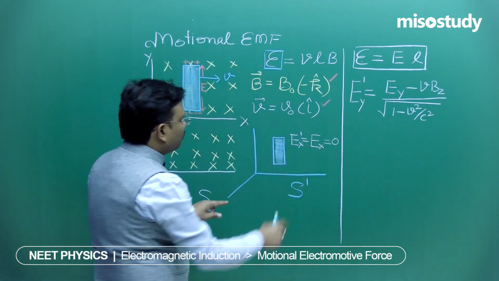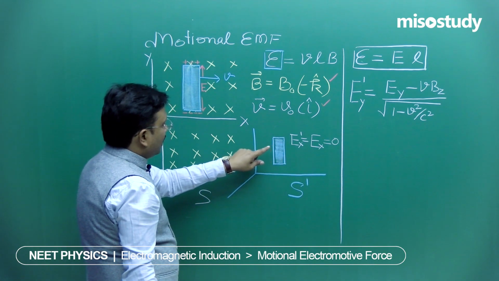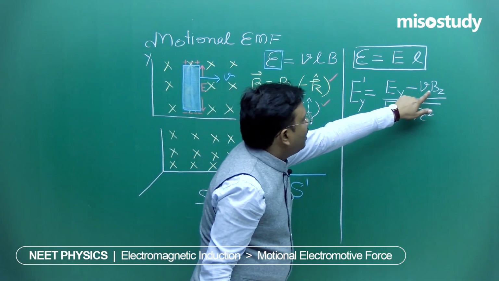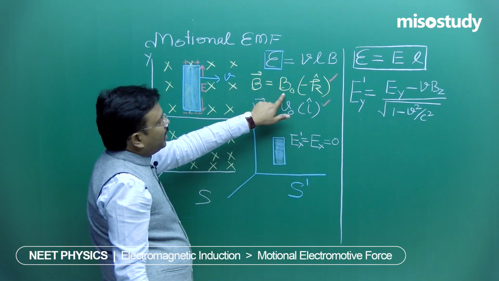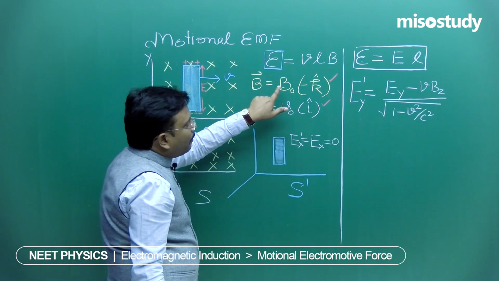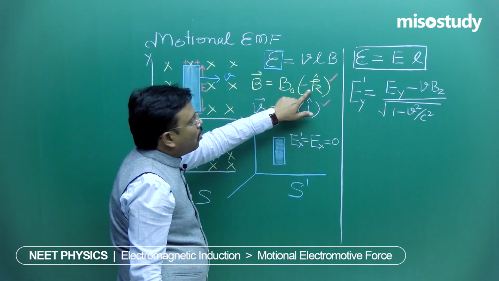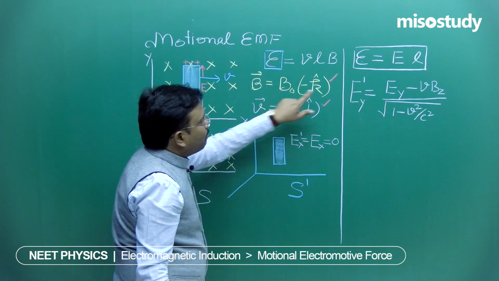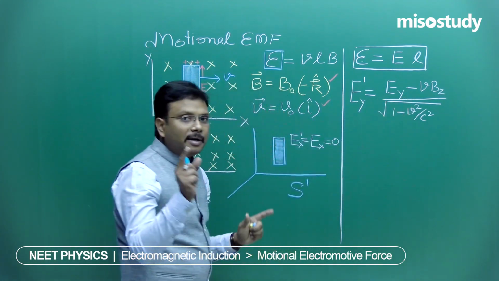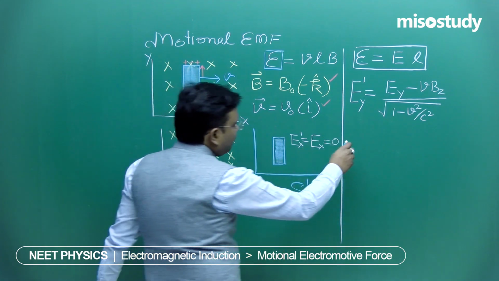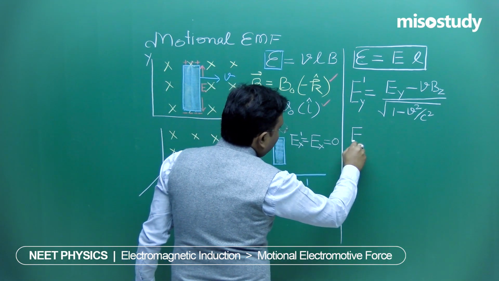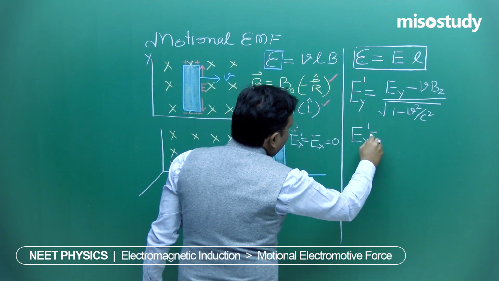Now, please try to write down the values. Over here, V is V and Bz is what? Please take a look over here. Bz is nothing but minus B naught k. So, this minus and this minus sign will ultimately give you a plus sign. So, let me write it in this fashion, that is Ey prime.